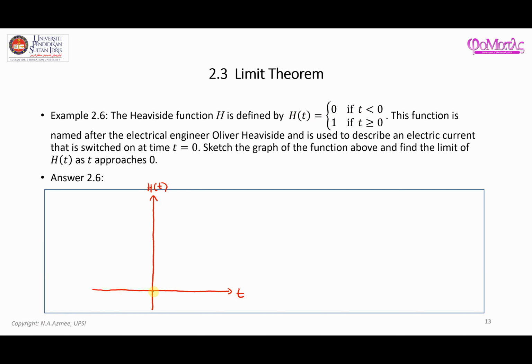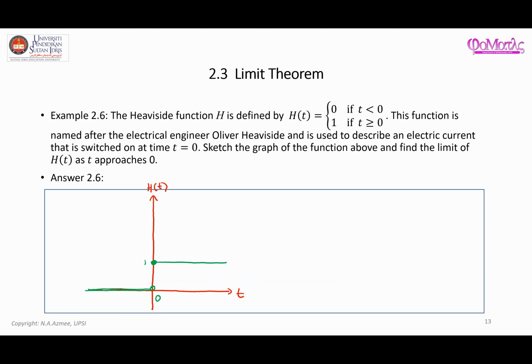So we denote this with an open circle to indicate that it doesn't include the point t equals 0. The graph is going to be this line. Next, when t is greater than or equal to 0, the value of our function is equal to 1. So at the point 1, this is a full circle and it goes in this direction. There you go, that's the graph of the above function.